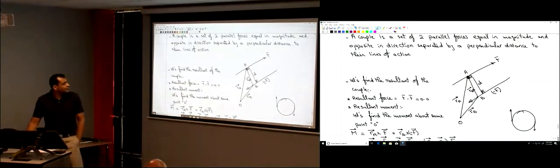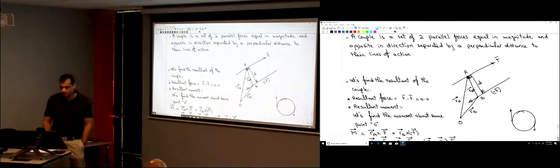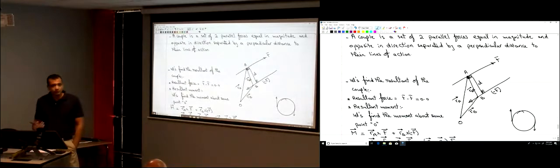So what's the direction of that moment? The direction of the moment is perpendicular to the plane, including the distance and the force. So that's the direction here. Let's draw this. So the direction here is perpendicular to the plane, including the force and the distance.